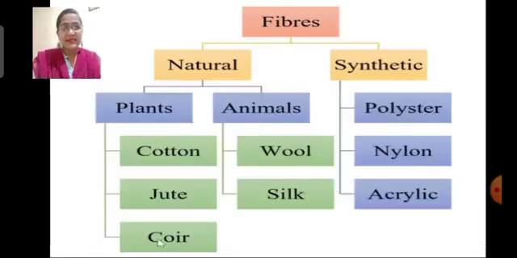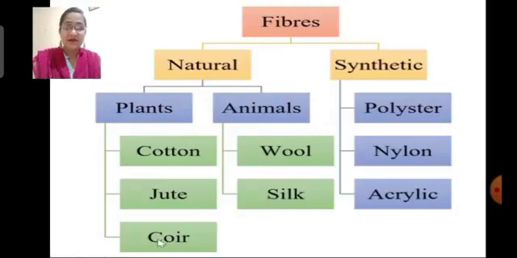Then the examples of natural fibers and synthetic fibers. Natural fibers we get from plants or from animals. Examples of plant fibers are cotton, jute and coir. Coir is obtained from the coconut husk.